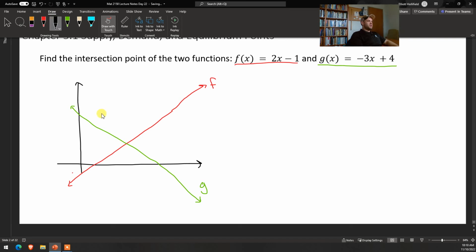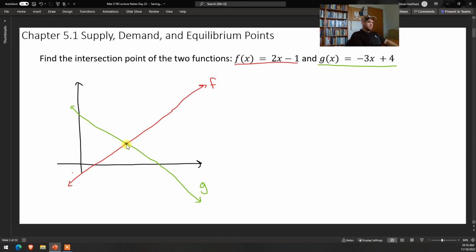And thus, we must have some intersection point here. Notice, for this intersection point, it is an ordered pair. Therefore, it must have the same y value and x value regardless of the function f or g.